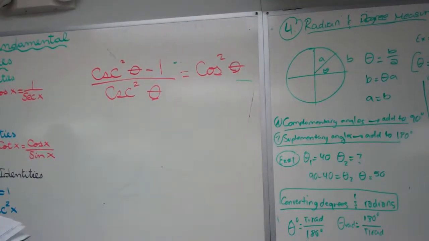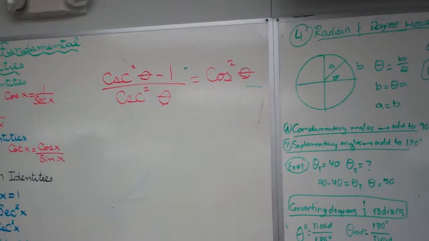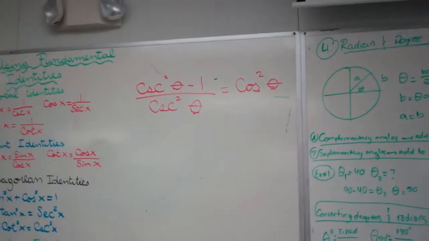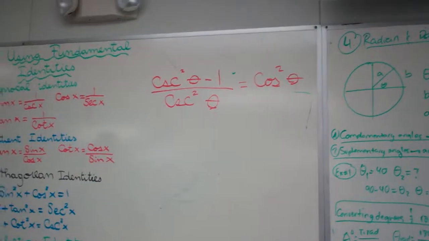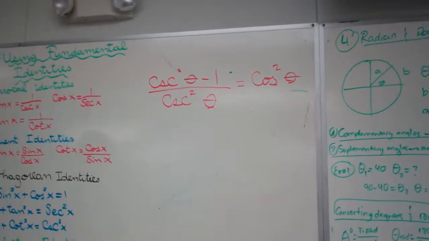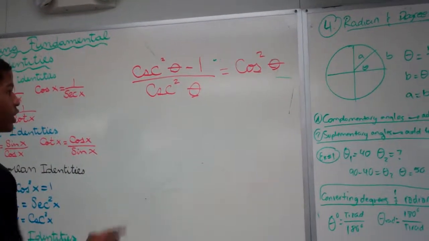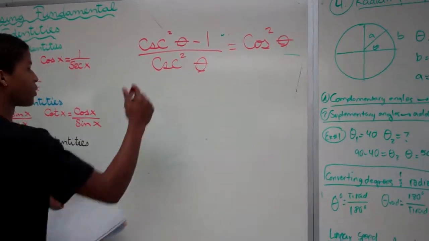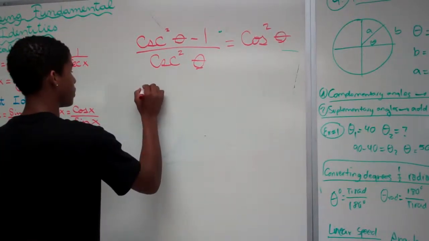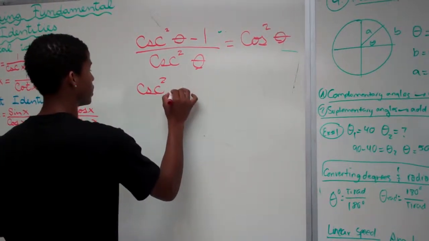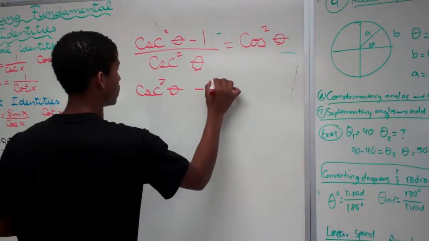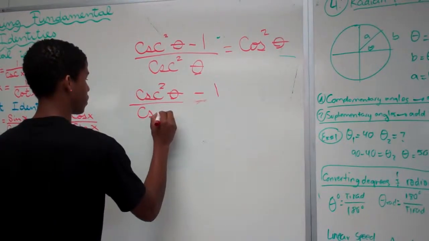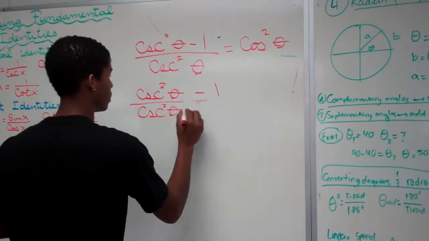There's really no fixed step to figure it out. There's no fast way, so you kind of try some of these to see if it works. So over here, our first step is I would do cosecant squared of theta minus 1 over cosecant squared of theta, which is the same thing.